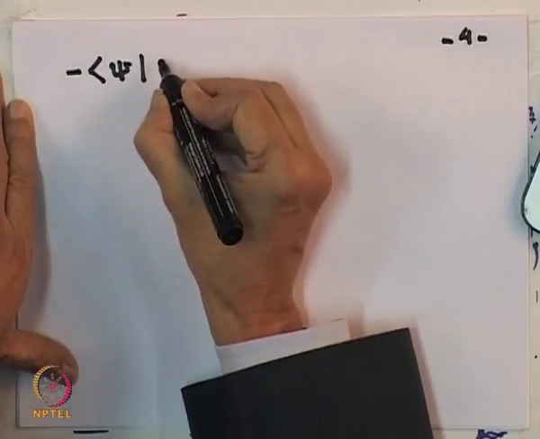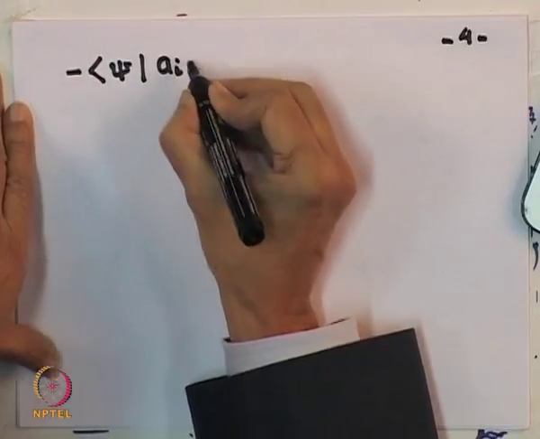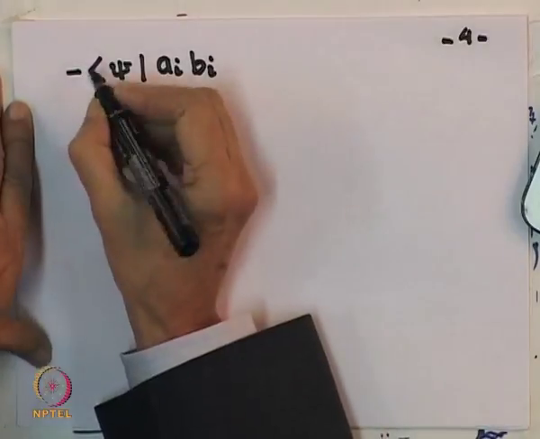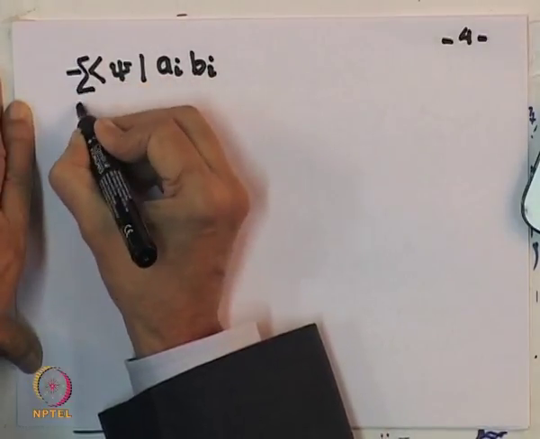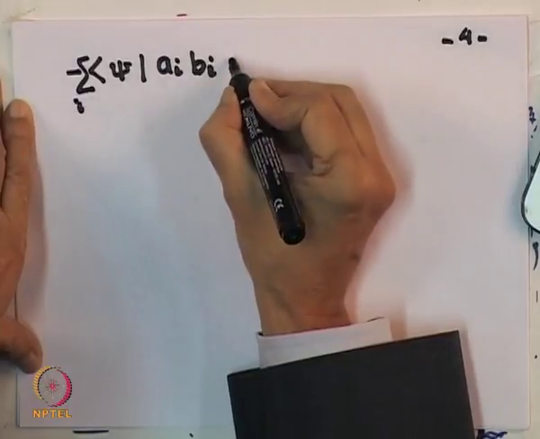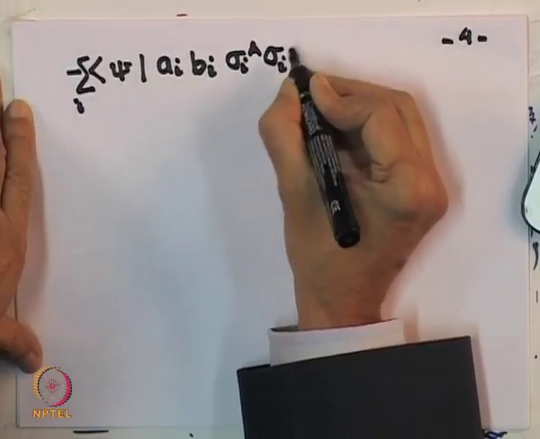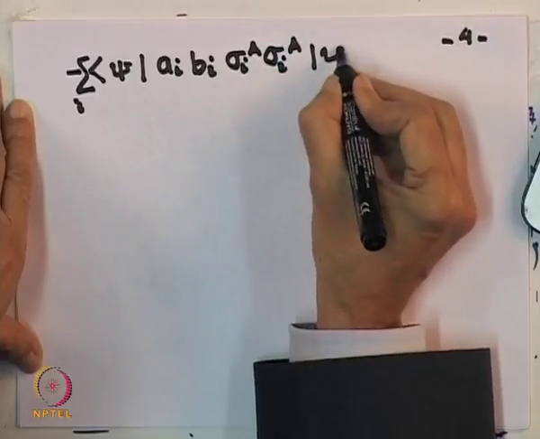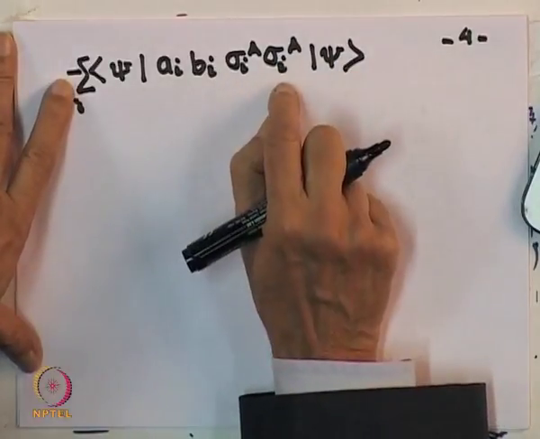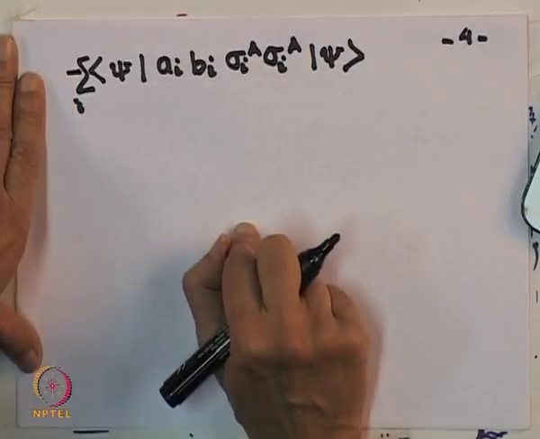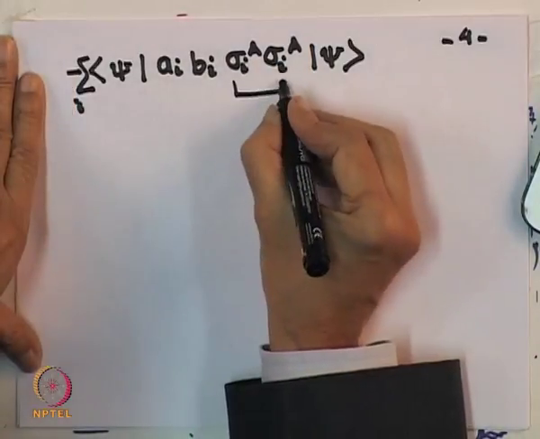So I have psi, I get ai bi because only the i equal to j term survives. I have a sum of course over i. Then sigma ia, sigma ia again, psi. Minus sign has taken care of the fact that there was a sigma ib there, but I now have written it as sigma ia. But you see sigma i square is equal to 1.